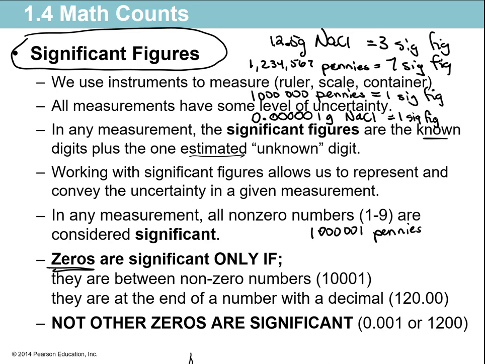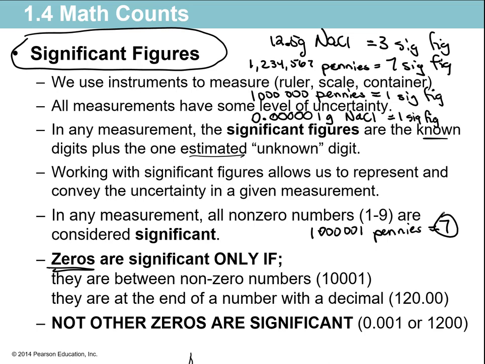They're measured numbers. So that would be how many significant figures? That'd be 7. So I'd have 7 significant figures in that number. Any zeros in between non-zero numbers are just like a non-zero number. So they're counted numbers. The only other time zeros are significant is if there's a decimal and zeros at the end.